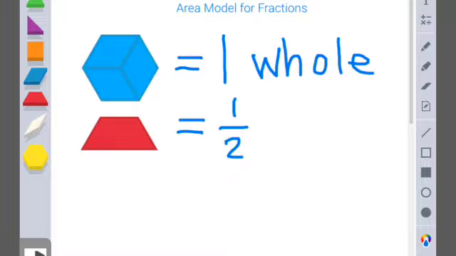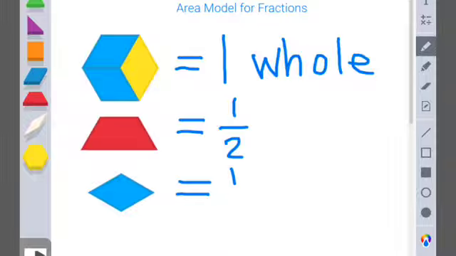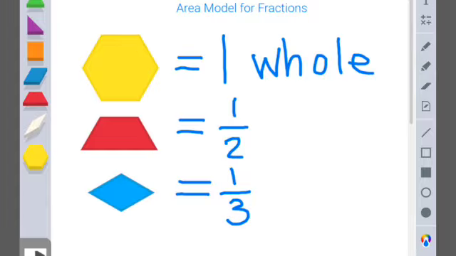I see that it takes 3 pieces. Therefore, I can talk about the blue rhombus as being 1/3, or 1 out of 3 pieces that make up the whole. And then finally, I want to talk about the green triangle.